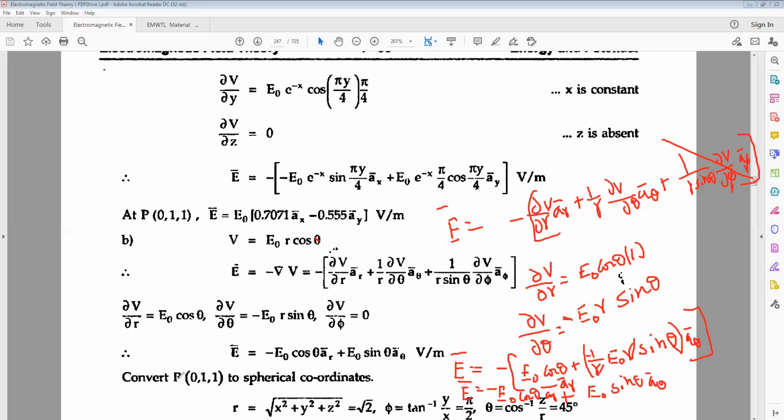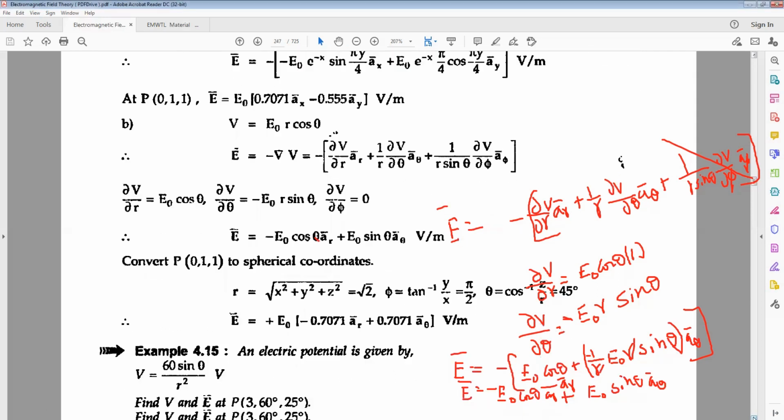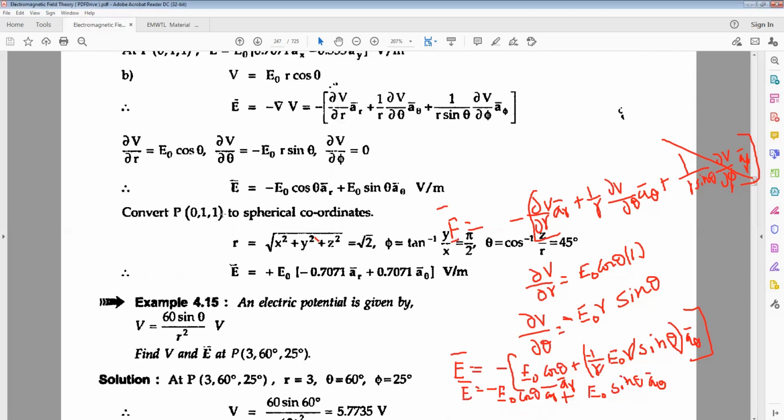Again, substitute the point (0, 1, 1) into the spherical coordinate system. The first one is R, the second is theta, and the last is phi. But the given point is in XYZ coordinates, so the Cartesian coordinates are converted to the spherical coordinate system.